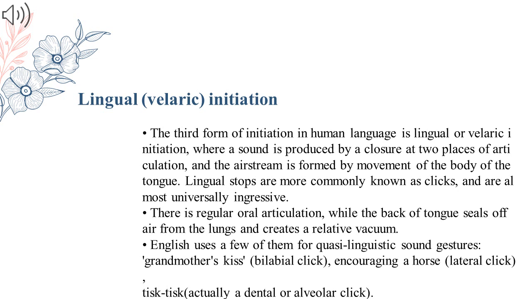Lingual stops are more commonly known as clicks and are almost universally ingressive. There is regular oral articulation, while the back of the tongue seals off air from the lungs and creates a relative vacuum.